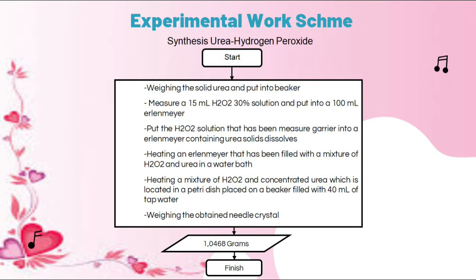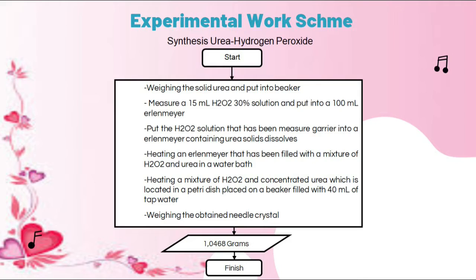Synthesis of urea hydrogen peroxide. First, weigh the solid urea and put it into a beaker, and measure 15 ml of 30% H2O2 solution and put it into a 100 ml Erlenmeyer. Pour the measured H2O2 solution into the Erlenmeyer containing the solid urea to dissolve it, and heat the Erlenmeyer filled with the mixture of H2O2 and urea in a water bath.